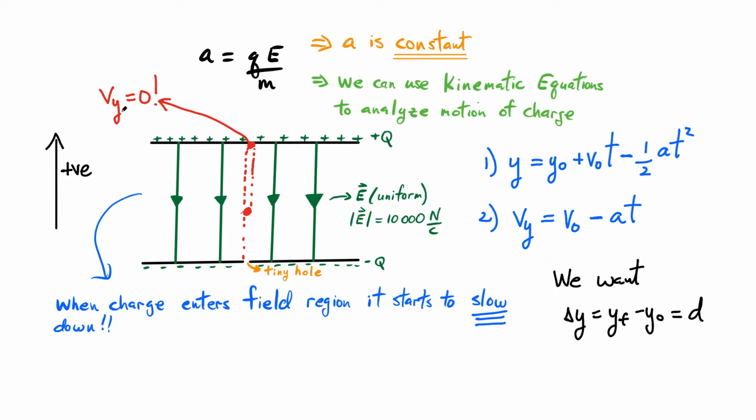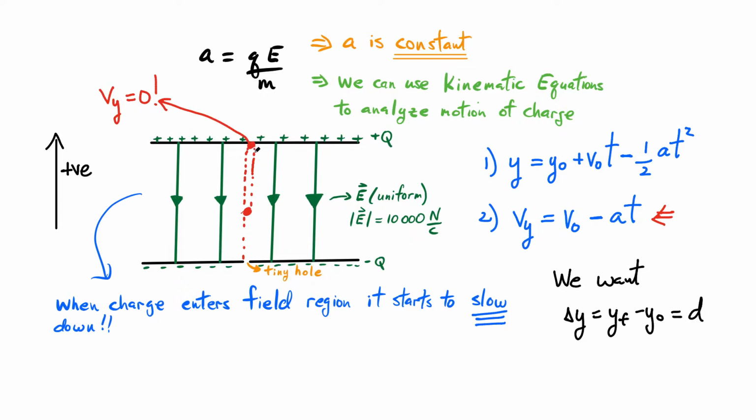So right at this point, a really important expression is that our vertical velocity has to be equal to 0. So now if we go back and consider our equation 2, and substitute Vy equal to 0, you can find how much time it takes for this charged particle to slow down and reach this point over here.